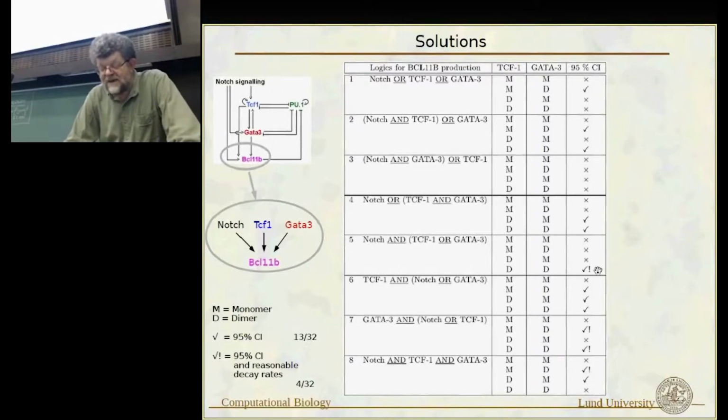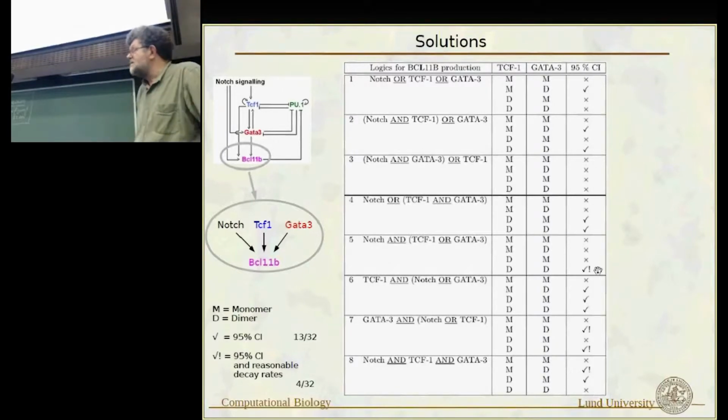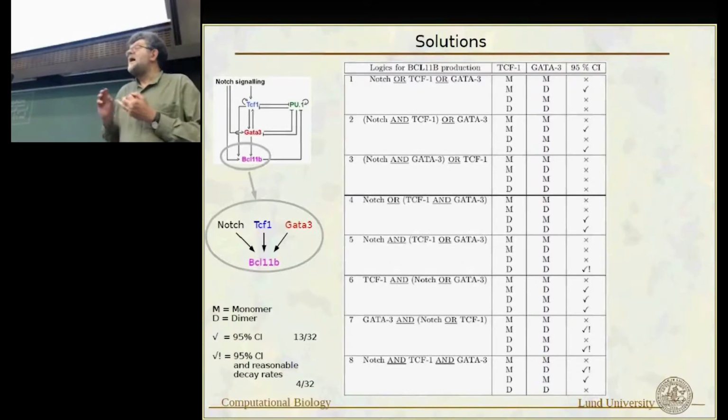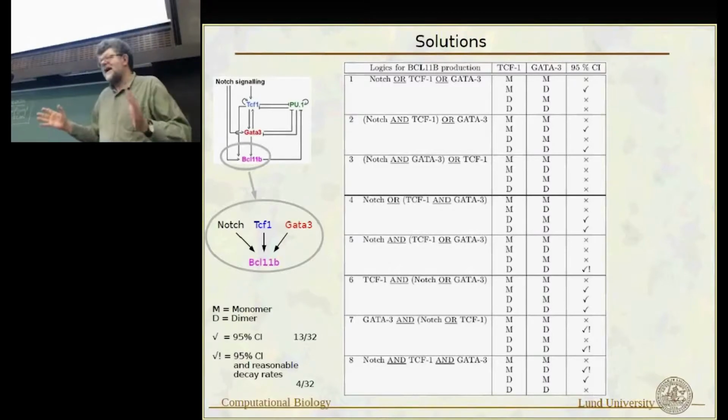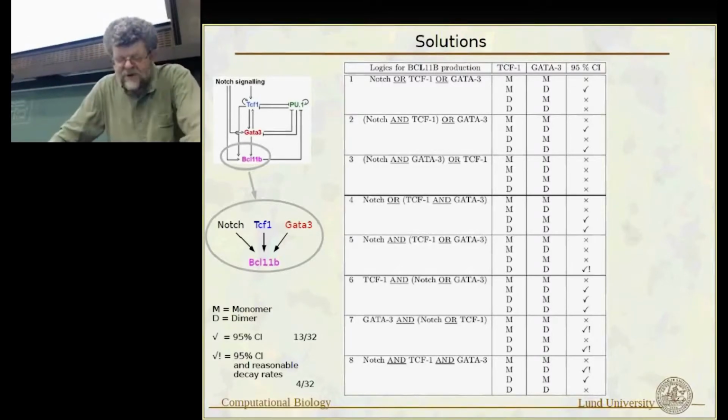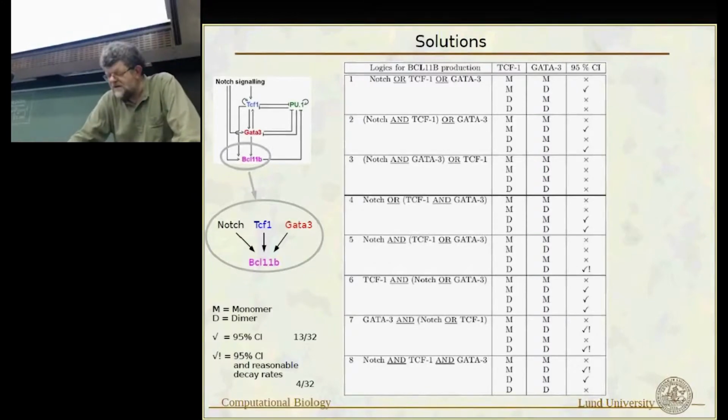Now, the ones with an exclamation mark, those are the good ones, because not only do I have the 95% confidence interval, but I also have even more reasonable parameters, big parameters that are kind of measured. So I have lowered that one. So I'm left with 4 solutions out of 32. Okay.